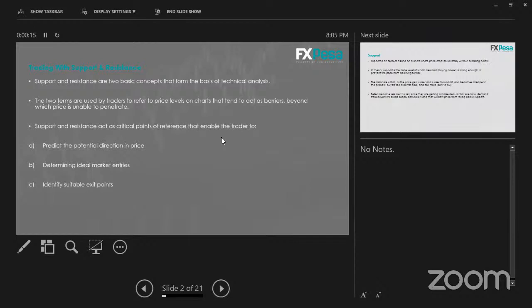We are going to use support and resistance to predict the potential direction in the market, to determine an ideal market entry and identify a suitable exit point.